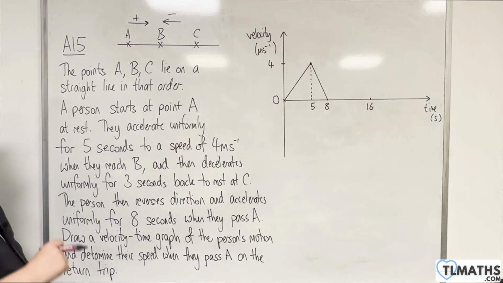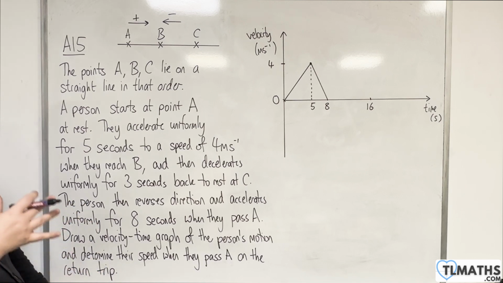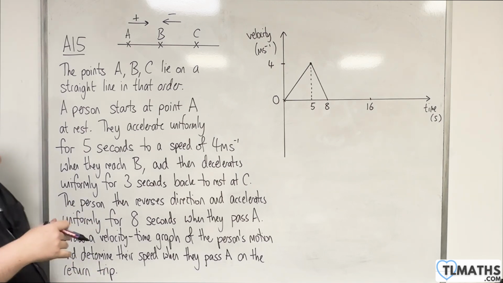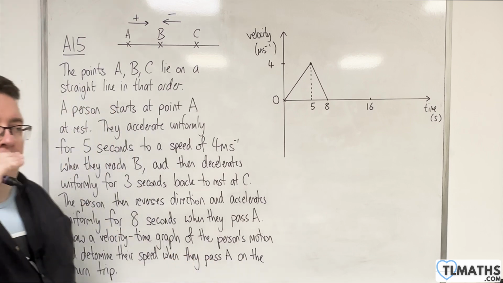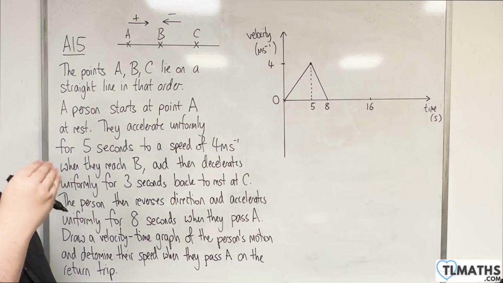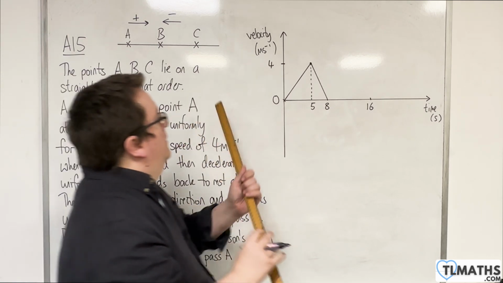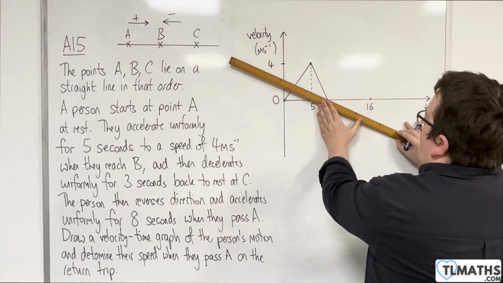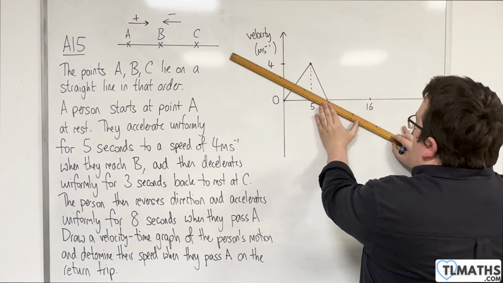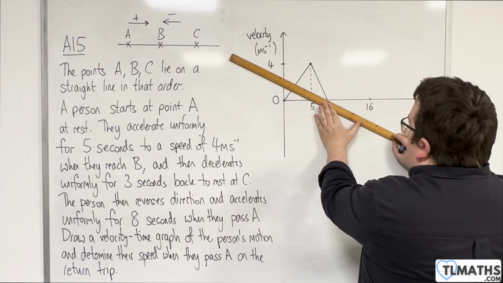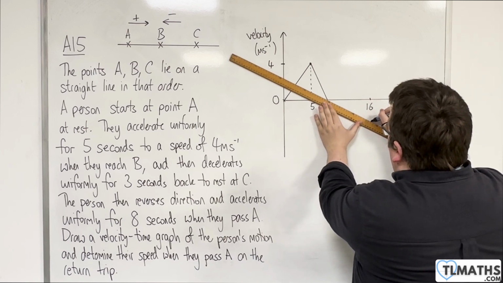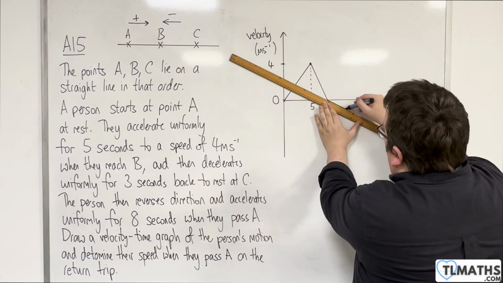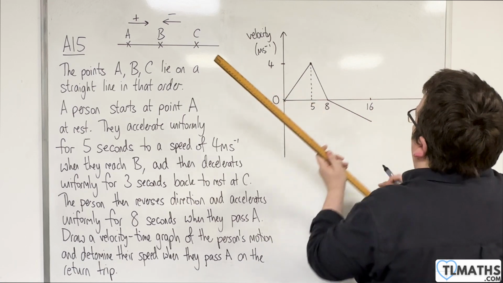Okay. The person then reverses direction and accelerates uniformly for 8 seconds when they pass A. So it takes 8 seconds for them to get back to point A. They're going to be accelerating in the negative direction for 8 seconds.